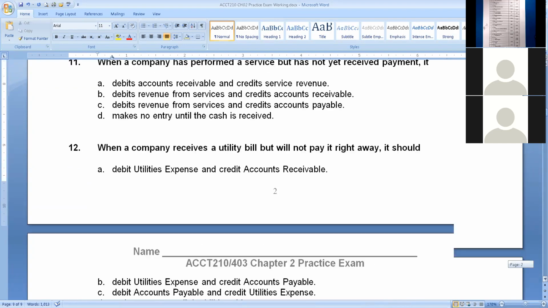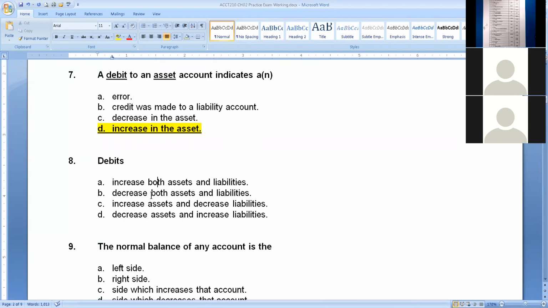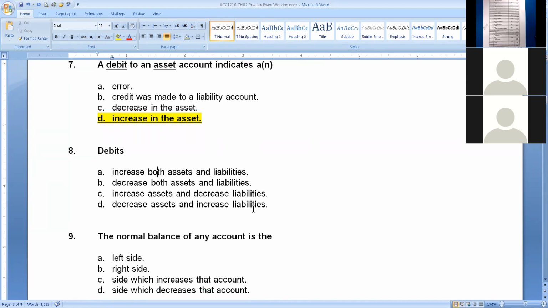So let's go back up. Increase both, no. Debits. So they increase assets. So which one is it? It would be C. Yep.